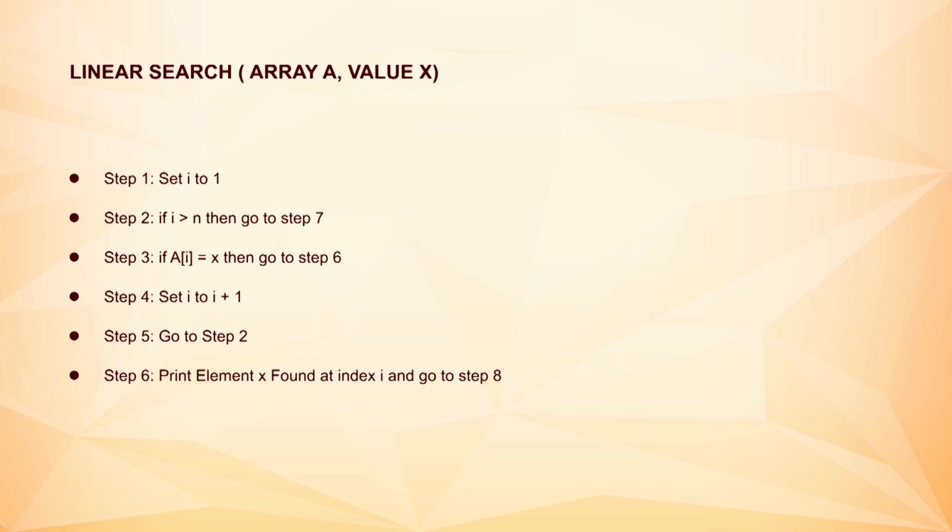Thus, the complete loop works from step number 2 to step number 5, until and unless we find the item inside some node. Suppose A of I is not matched with the x element, then the pointer I continues to be updated by 1. In a single case, if we find the item matched, directly go to step number 6, otherwise go to step number 7.